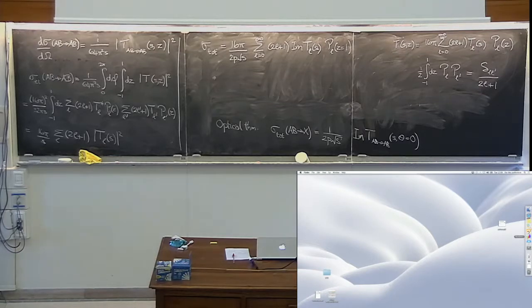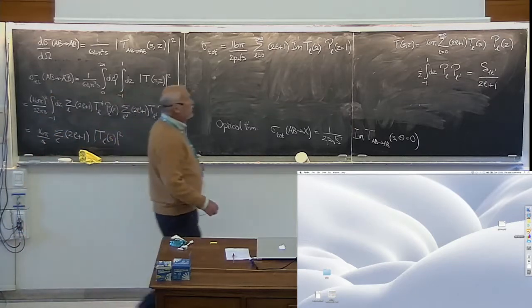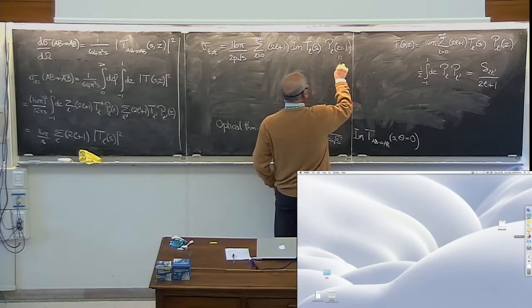But the Legendre polynomials have the property that in the forward direction they're all equal to 1.